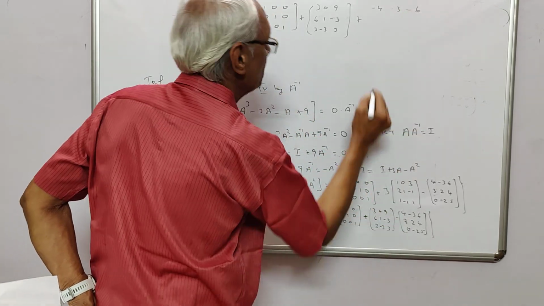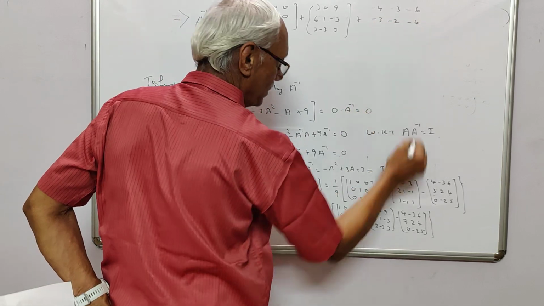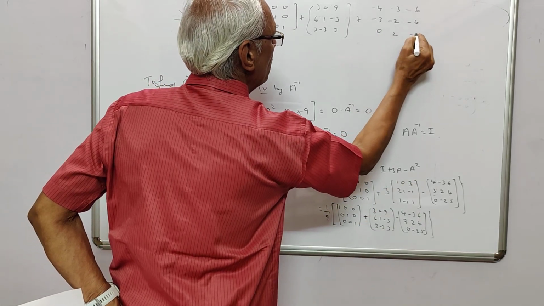Take this minus sign inside, minus 3, minus 2, minus 4. Then it is 0, 2, minus 5.